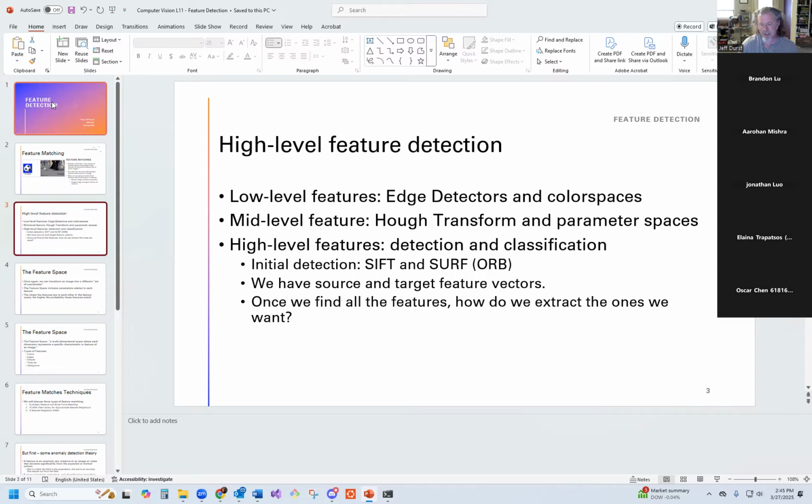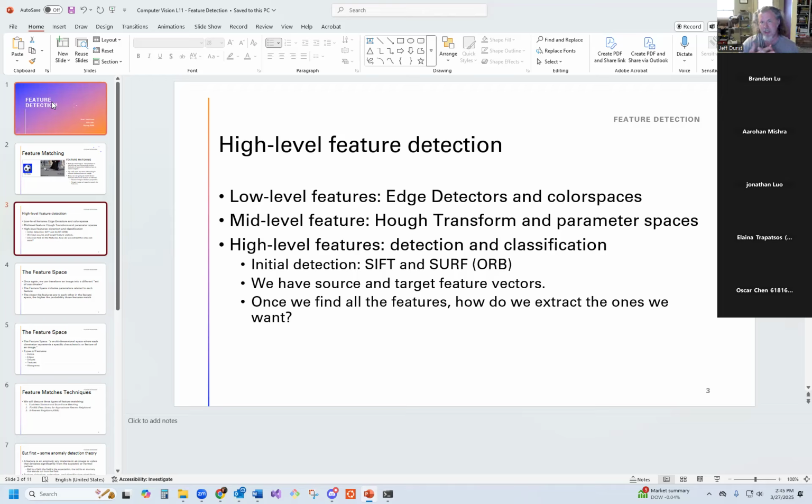So once you get to that mid-level feature detection task, you have abstracted the image past the point of being a normal boring image a human looks at, right? You have added a layer of abstraction where you're no longer working with the image directly itself. You are working with information that has been extracted from the image. And so that's the idea of this parameter space, and again with the hue transform, where you are looking at something about the image instead of just the image.